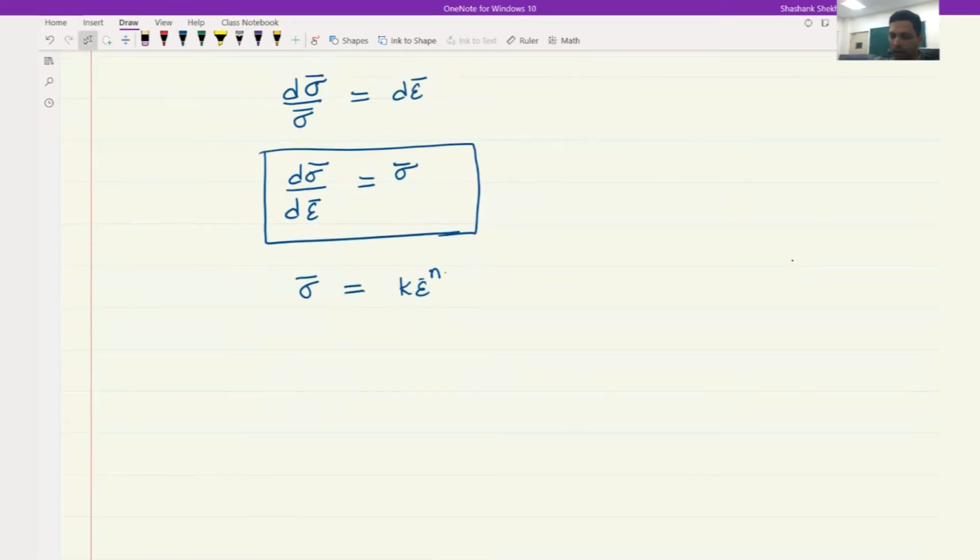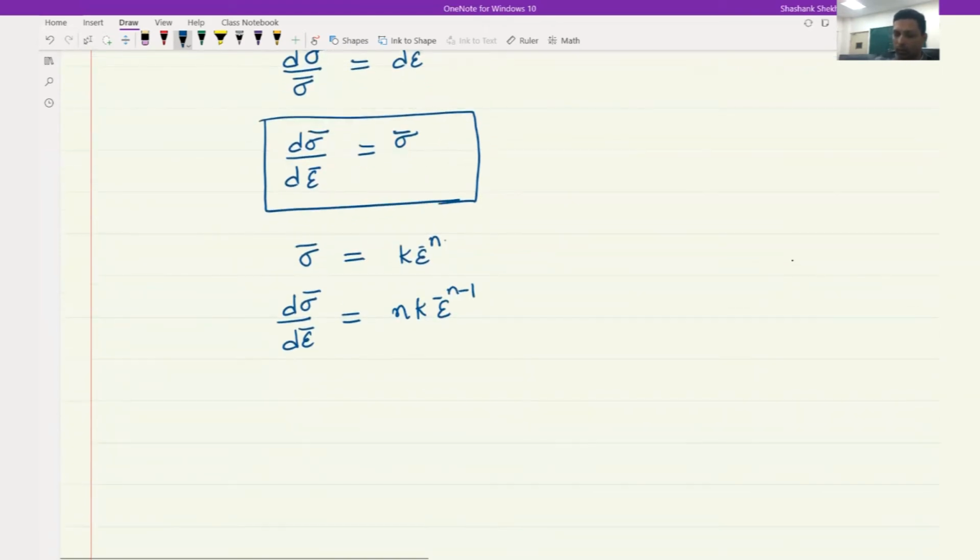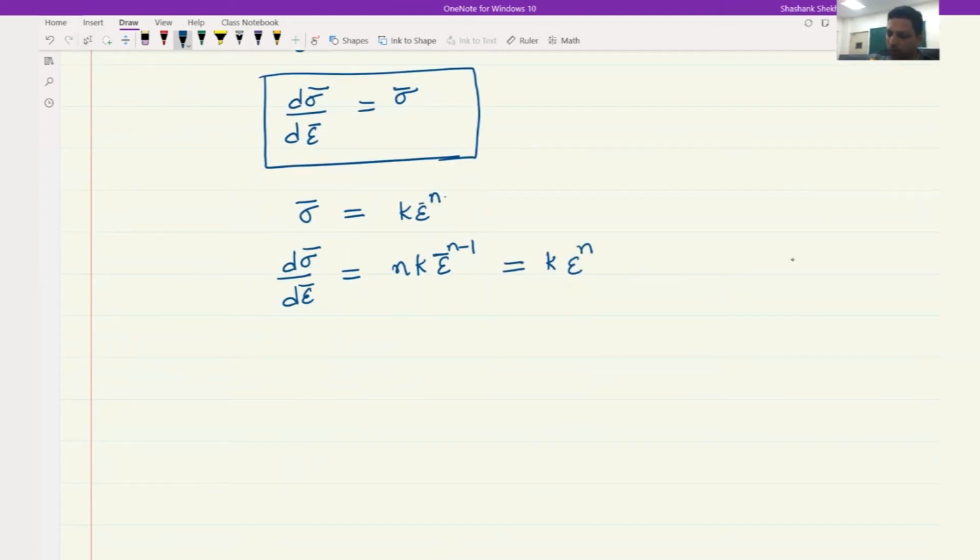So d sigma by d epsilon is equal to n times K epsilon bar to the power n minus 1, and on the other side we have sigma bar. Now when we put this together, what we will find is that epsilon bar is equal to n.